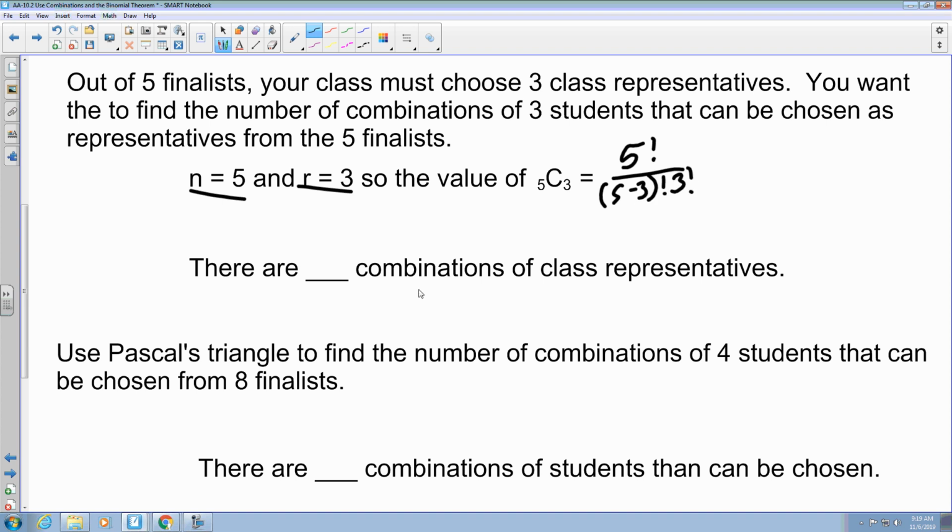This turns into 5 factorial on the top, and 2 factorial times 3 factorial on the bottom. The 3 factorial is the largest value, so 1 times 2 times 3 both get canceled. So it's just 4 times 5 on the top and 1 times 2 on the bottom. That's where we get 10 combinations.